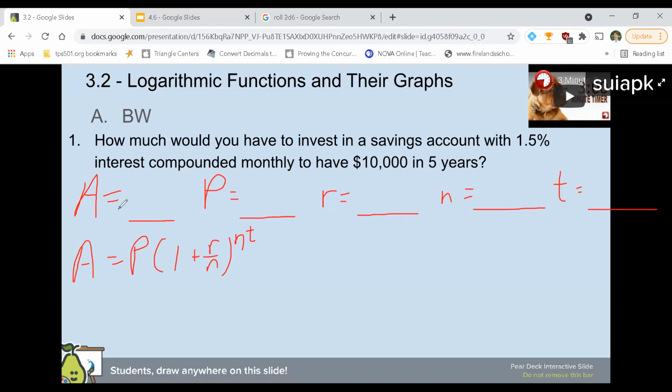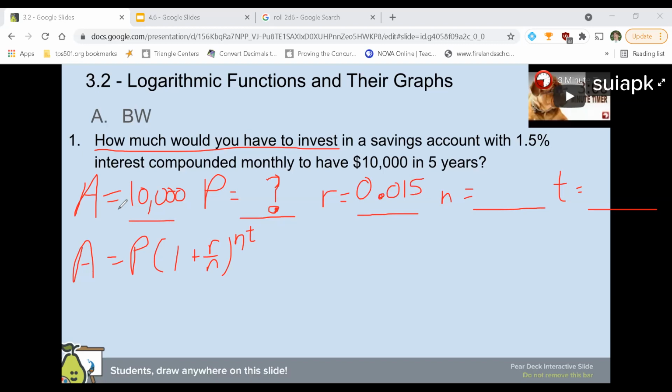Mason, what is A for our problem? Give it a guess. It is 10,000. What is P? It's what you are trying to find. So question mark. What is R? 0.015.